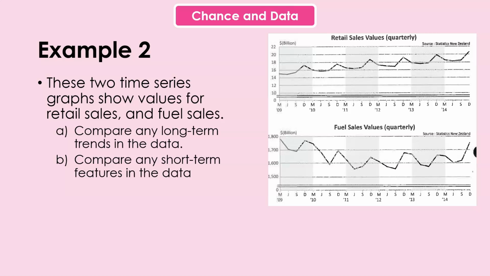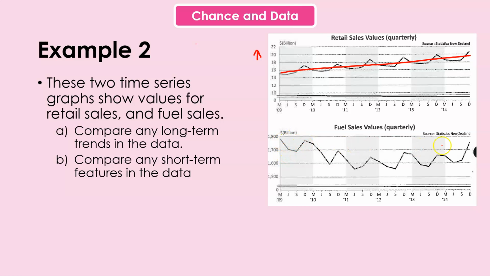Okay, well done for having a go. So retail sales, if we take a look at that, obviously the long-term trend from the starting point to the end point, you can see that we've got an overall increase. Now the fuel sales is a little bit different.